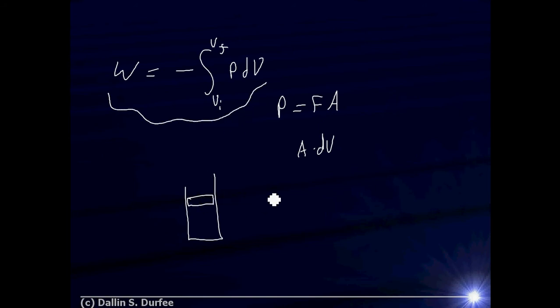Alright? Work is force times distance, so a little bit of work is force times dl. Alright? But if I take the change in volume, dV, that's just dl times the area. Sorry, pressure is force divided by area. And so that's where the area comes from.